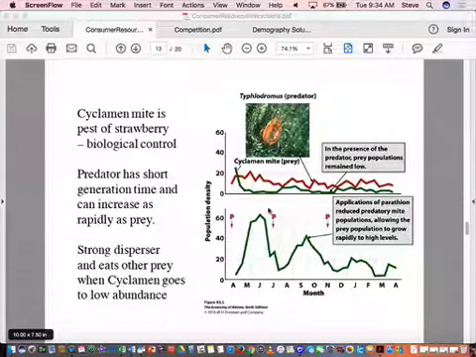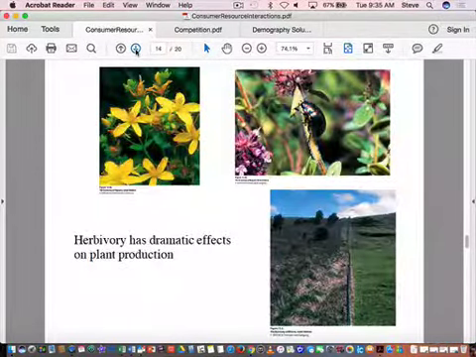Okay. So we're really interested in these sorts of population dynamics that lead to oscillations. Here was an example where maybe a predator is driving it, but this is the case where there's no predator in it and it's still getting these oscillations. So we're going to try to figure out what's going on here. And they have dramatic effects.